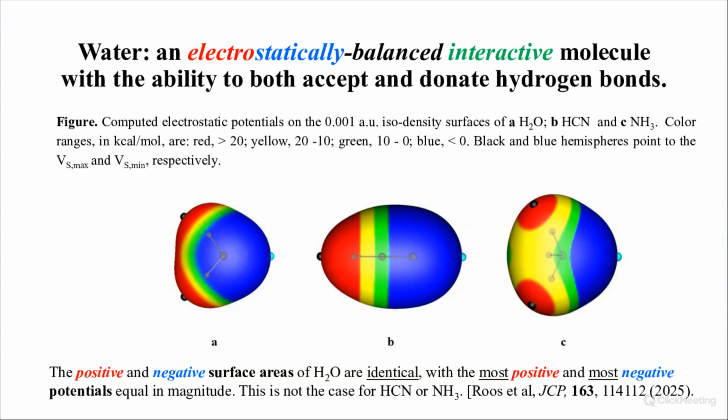And the very interesting thing, at least I think, is the positive and negative surface areas at the 0.001 AU contour are identical, and the most positive and most negative potentials on this surface at the left of water are equal in magnitude. And this is not the case for the others. In hydrogen cyanide, the hydrogen is more positive in magnitude than the negative region, and in ammonia, it's the reverse.